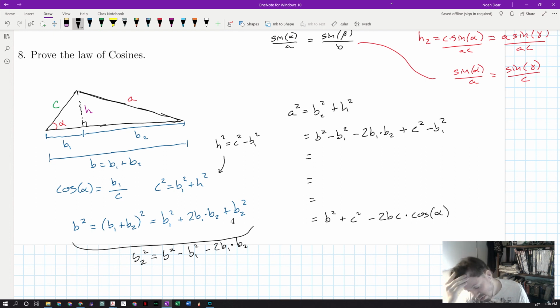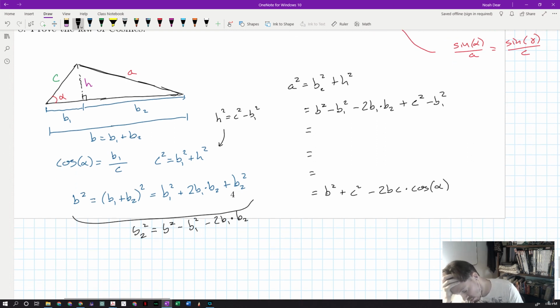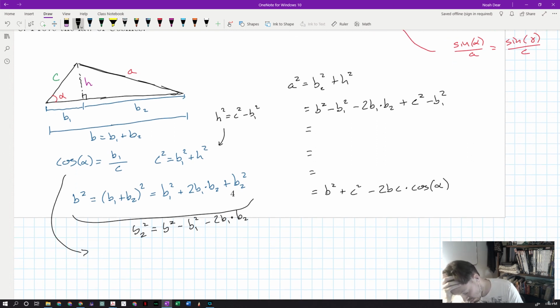So that's nice. If I rearrange this a little bit, I see that I'm starting to get somewhere. I know that I want a cosine of alpha, which is B1 over C, which also tells me that B1 equals C times the cosine of alpha. That's got to be handy in some way here.